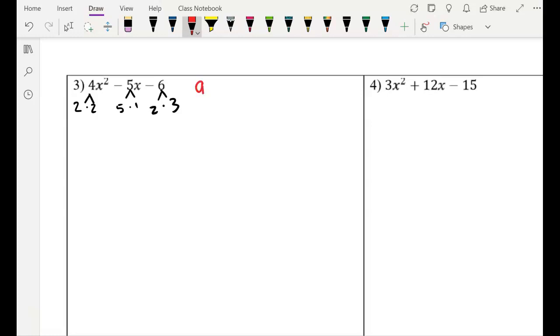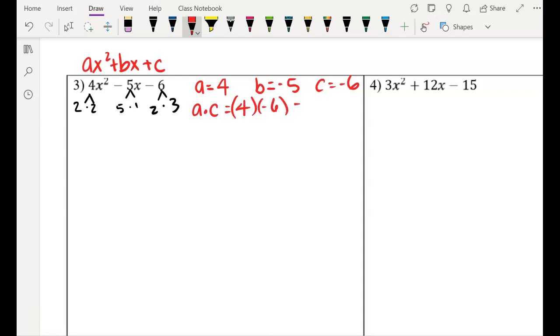So we're going to list out a, it's 4. Remember, it's always ax squared plus bx plus c. And then b is going to be a negative 5, and c is going to be a negative 6. We want to do a times c, which is 4 times negative 6, which is going to be a negative 24, because we do want to put it on our chart.